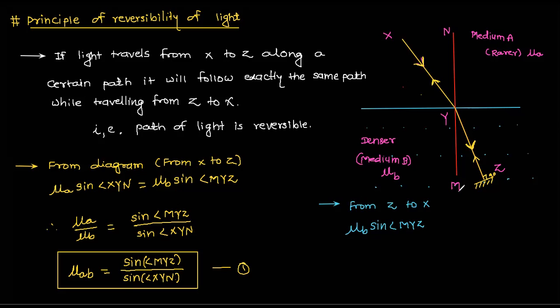Mu B sine of angle M Y Z is equal to mu A into sine of angle X Y N. Okay.